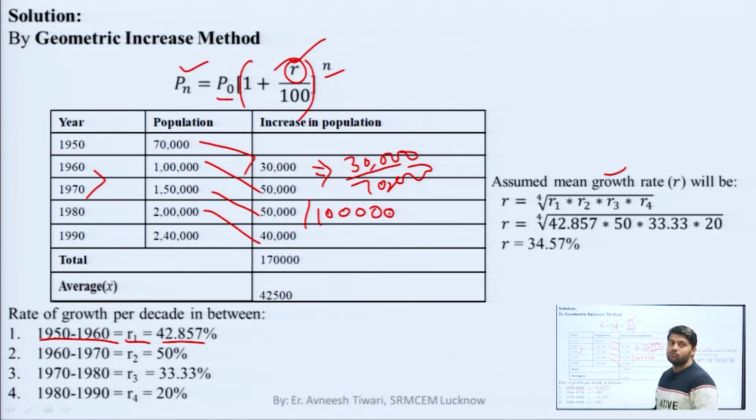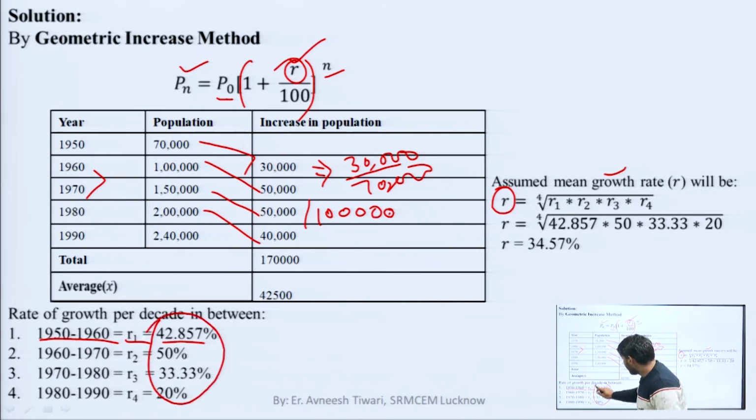According to Government of India manual, here we have to perform geometric mean calculation, and geometric mean can be calculated by using all the 4 values, and all the 4 values should be multiplied and the power should be 1 by 4. So basically we are calculating geometric mean here.